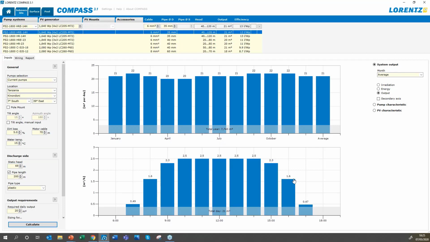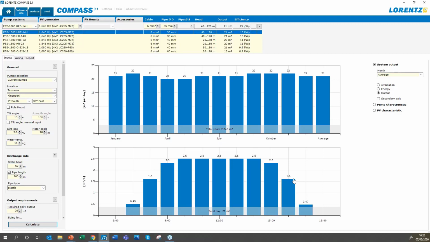It's looking at the location, choosing a pump that meets the hydraulic requirements that we have. It's then looking at the power available for this location from the sun, and then it's going to work back the electrical requirements for every day of the year. It's going to work this back through and then come up with some solutions for us.